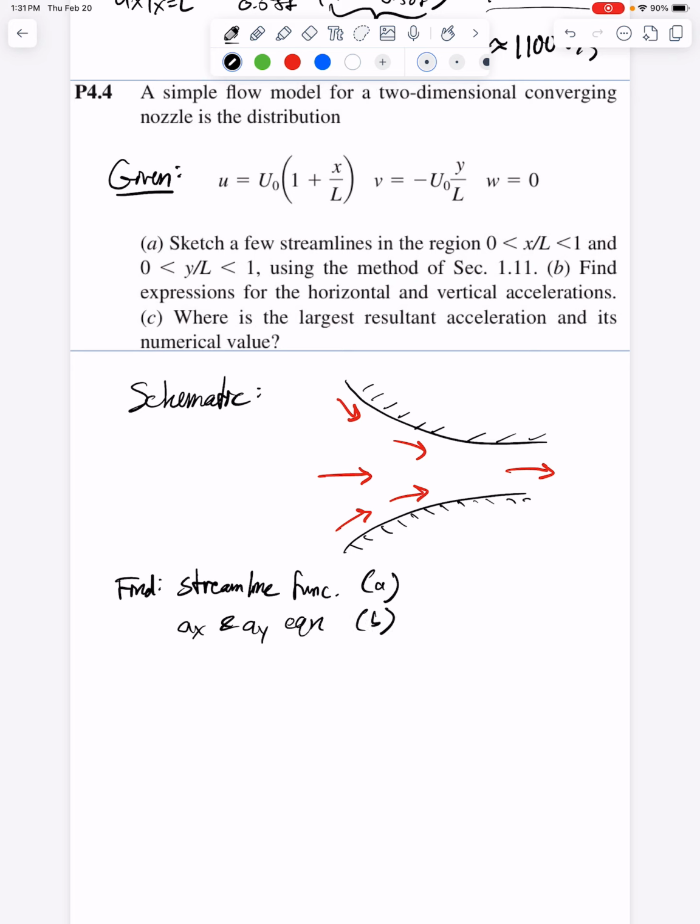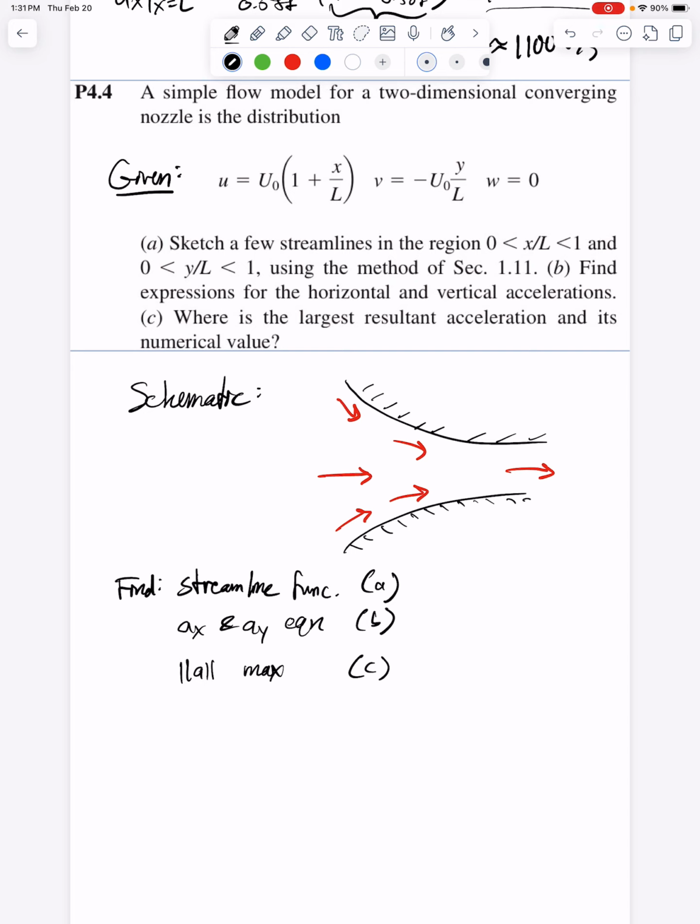And finally, we want to find the largest resultant acceleration and its numerical value, so the maximum magnitude. Those are the three things we want to find.